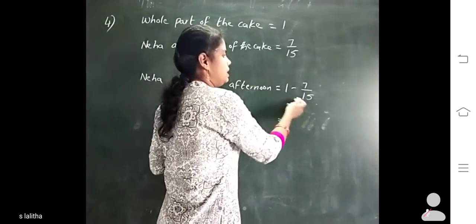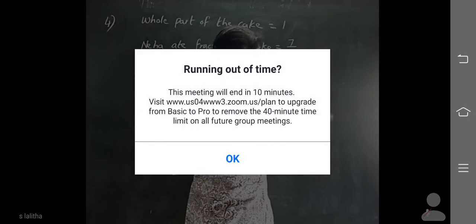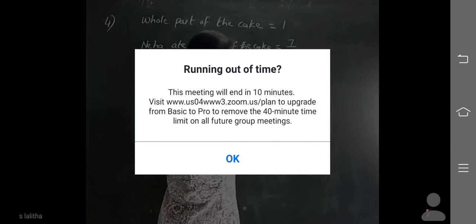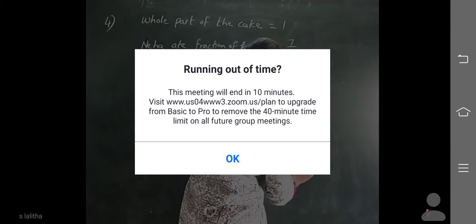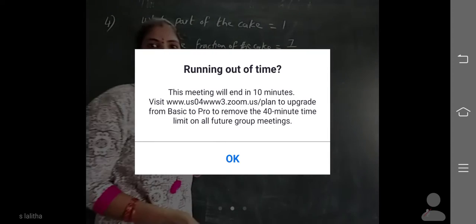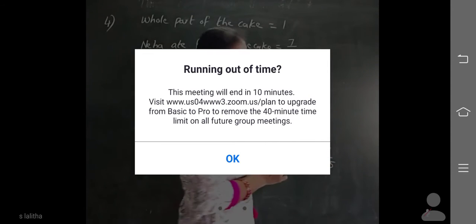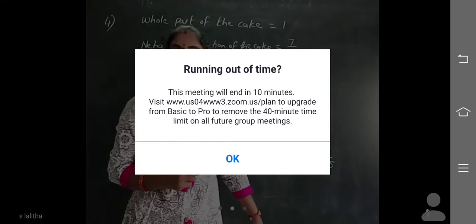Now find the LCM. 15 into 1 minus 7 by 15. 15 minus 7 by 15. So 15 minus 7, how much? 8. 8 by 15. So how much part did she eat in the afternoon? 8 by 15 part. Okay? Right.